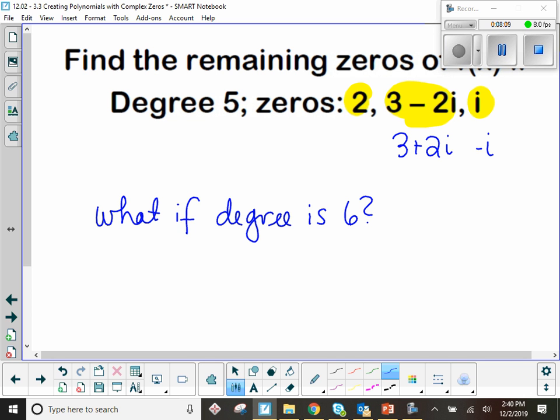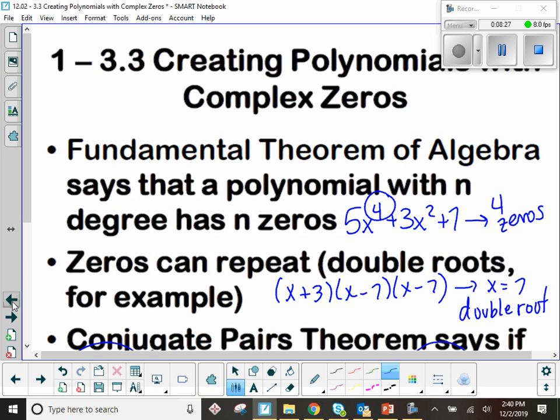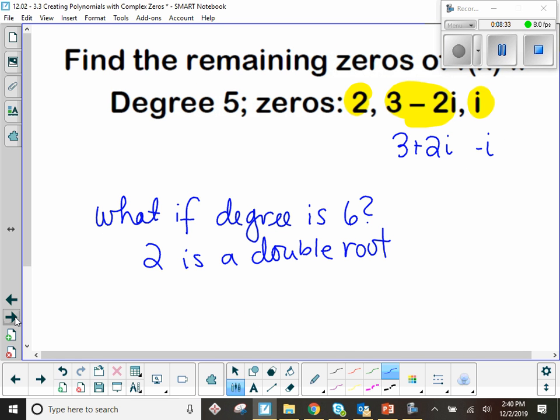Which one is a double root? The 2. Exactly. All right. So once you had 2 as a double root, then you would have 6 zeros altogether. So zeros can repeat, which is what was right over here on that second bullet. Zeros can repeat like a double root. Okay. And we're going to come back to this later in a problem, so that you'll get used to the idea.